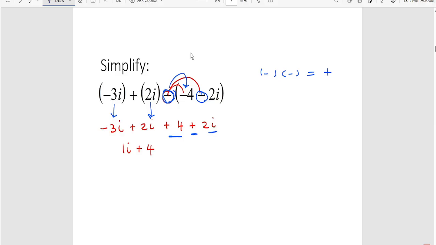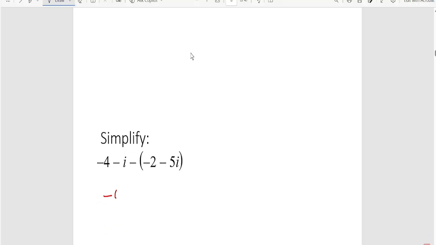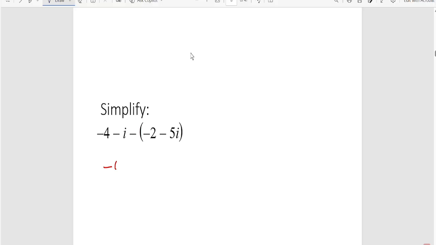Now our real number is 4, so we can just write it as it is. But for the imaginary number, -3i and 2i, this gives you -1i, and then this is positive 2i. So 2 minus 1 is 1, so that's how we got i plus 4, which is a complex number because it has i. Any number which has i is a complex number.